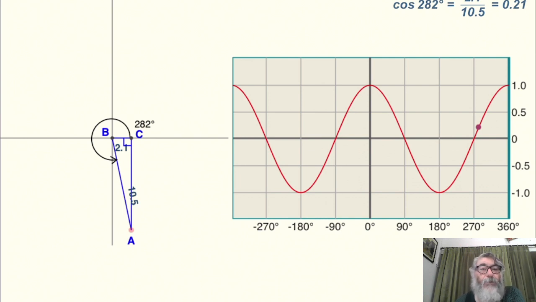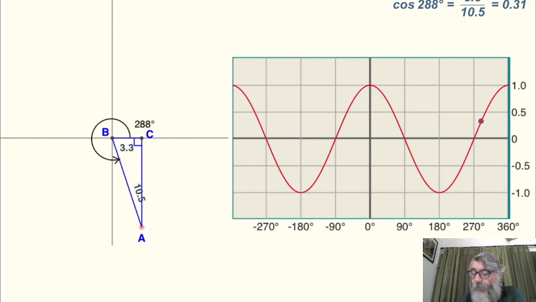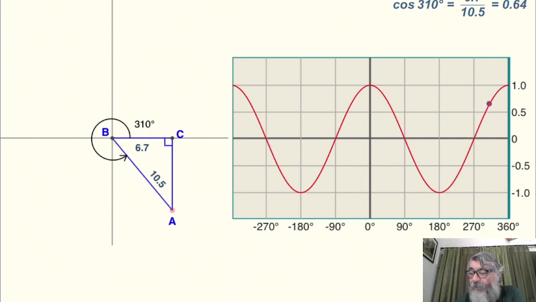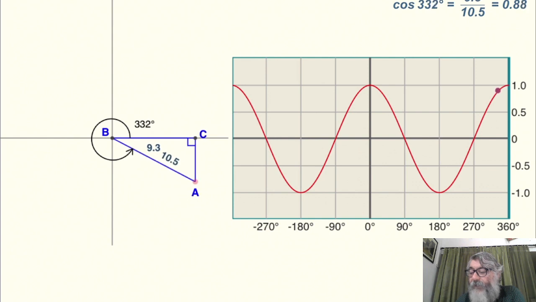Now if you notice, the value is increasing upward. Base is increasing, and it is becoming nearer to hypotenuse.